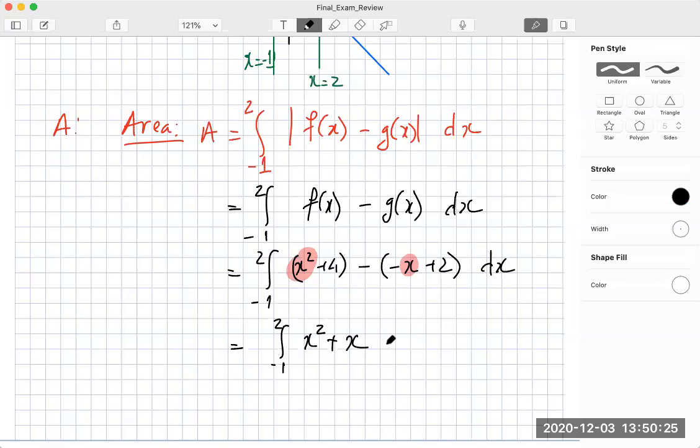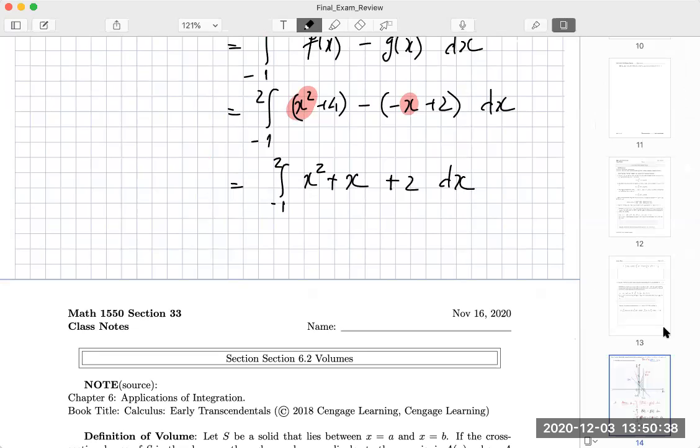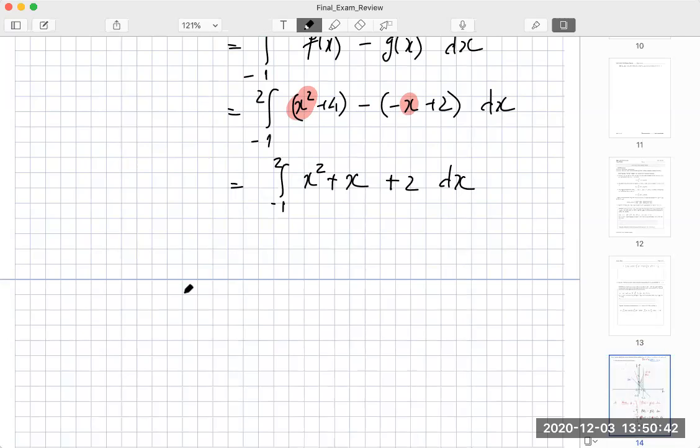And the numbers: 4 minus 2, which gives us 2, dx. The integral of a sum is a sum of integrals, so our job is to find the antiderivative of each of them.